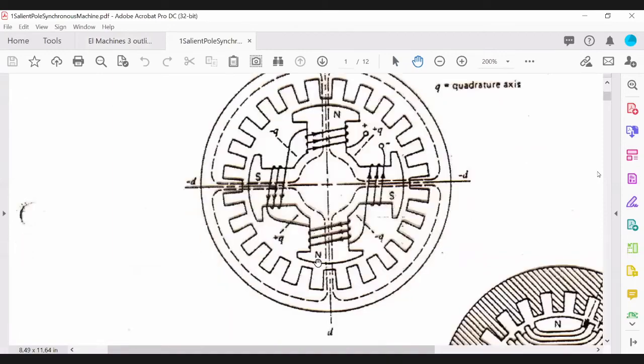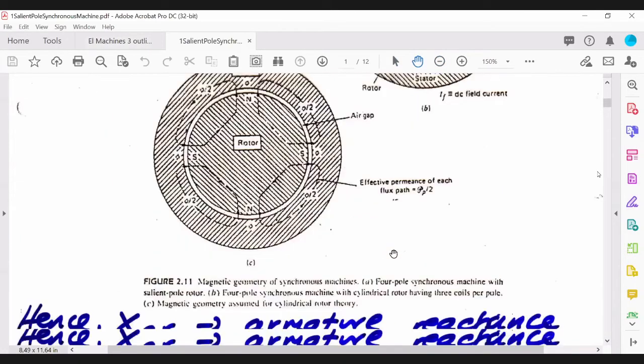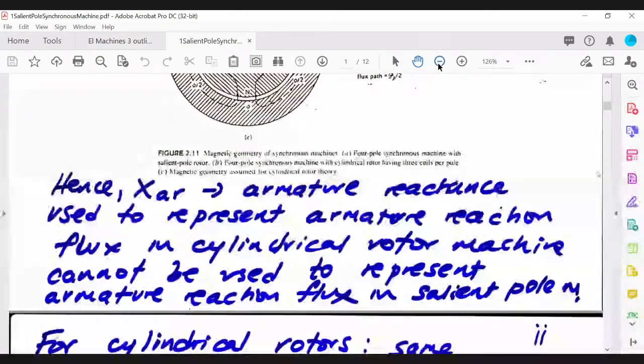So as I was discussing earlier, now you have what we call a cylindrical rotor, which has uniform air gaps, and a salient pole rotor, which has non-uniform air gaps.